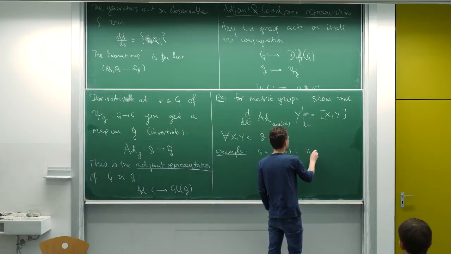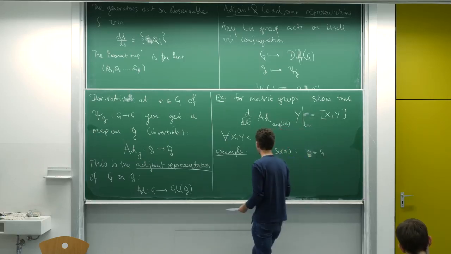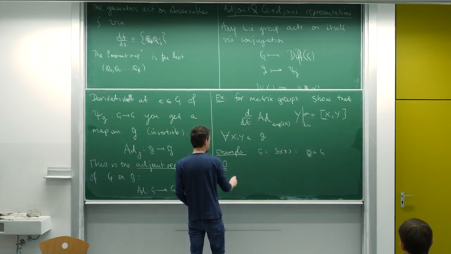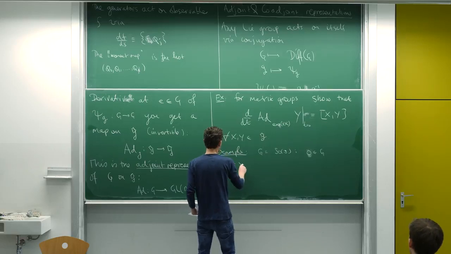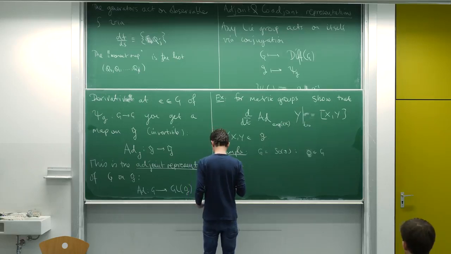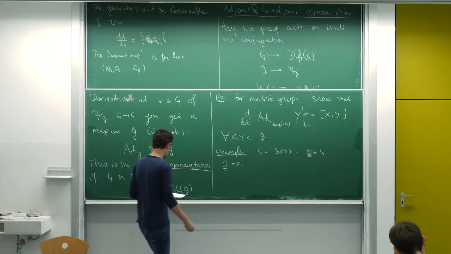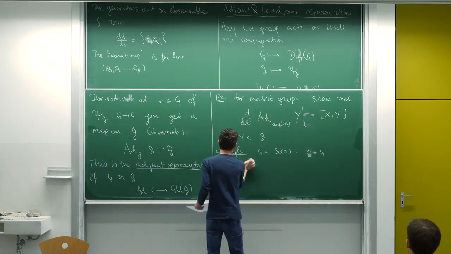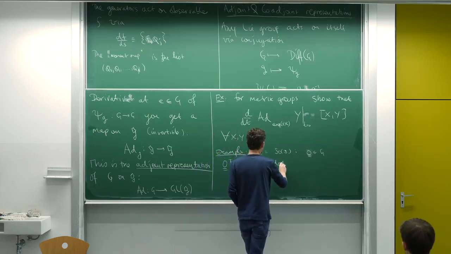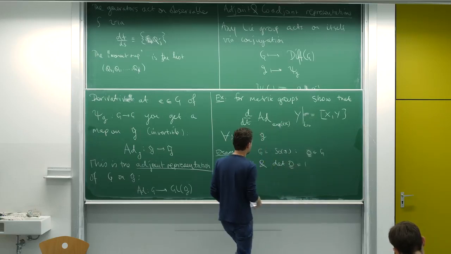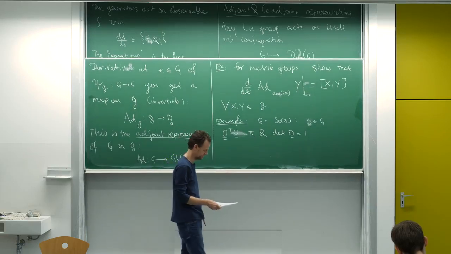Write it as O. An element of SO3 is a 3 by 3 matrix that's orthogonal and has a determinant equal to 1.